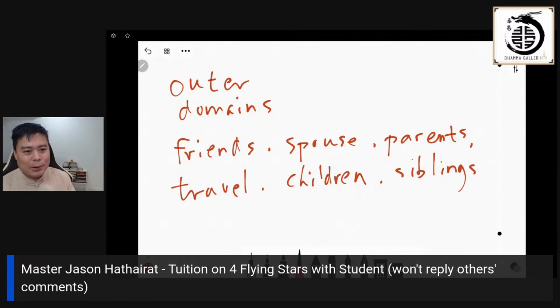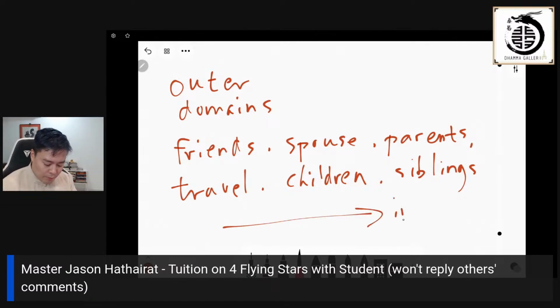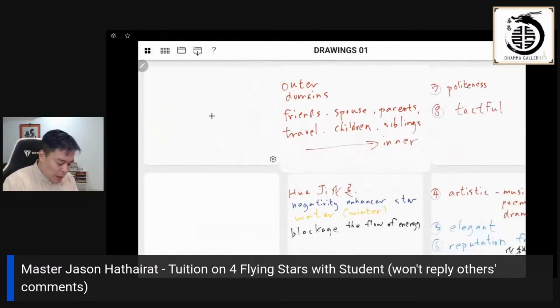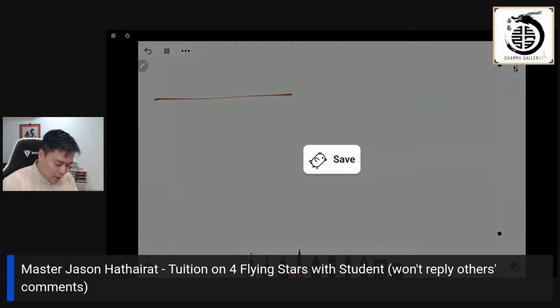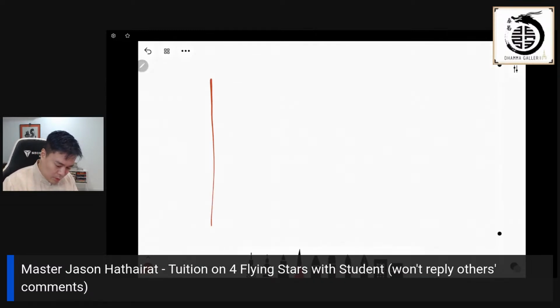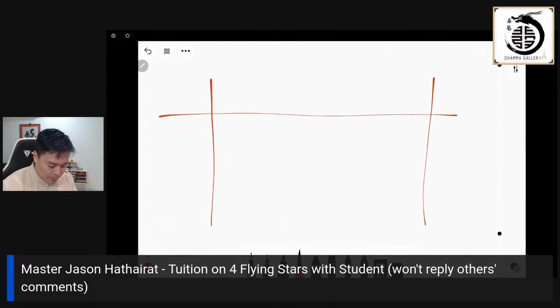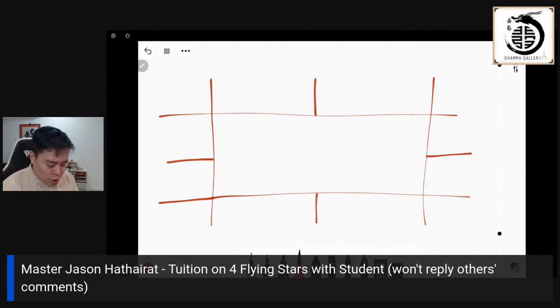And let's say, okay, the flying star is flying in such a way that it flies into your inner domain. Okay, what I meant by that, in terms of flying star, sometimes it will fly from a different direction. Okay, let me draw for you the chart again. All right. Okay, this is a 紫微斗数 birth chart. Let's say this is the life domain, and then this is your travel domain.